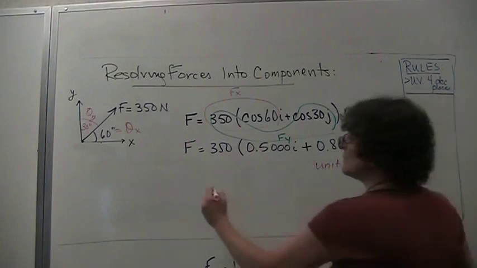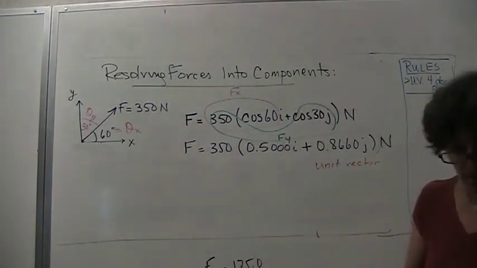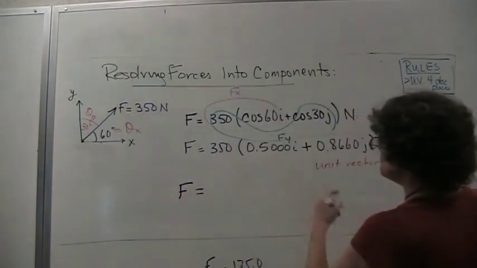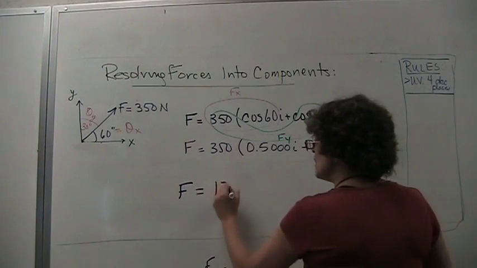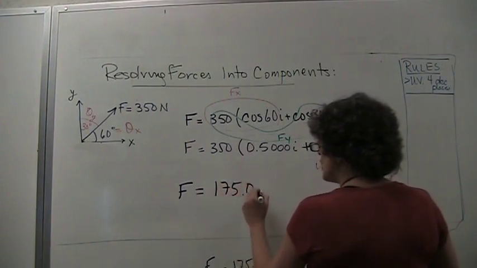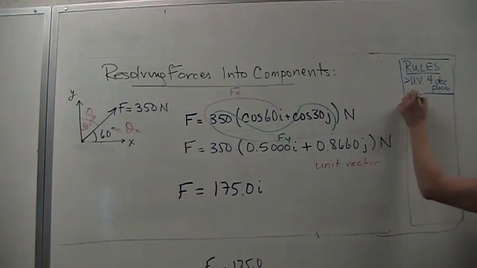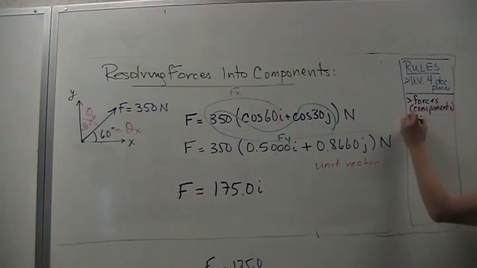Okay, now I could come through and write what the actual vector is. 350 times 0.5 is going to be 175. And our rule is we always represent forces, which in this case are our components, 1 decimal place more than what's given.